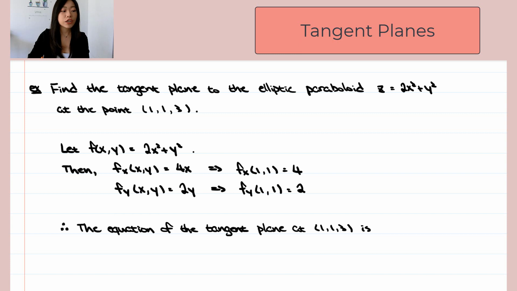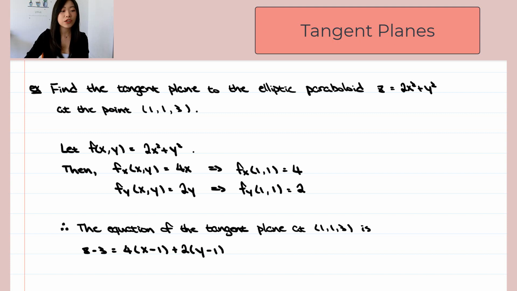So we can write the equation of the tangent plane of this surface at the point 1, 1, and 3 as z minus z0, where z0 is 3, equals the partial derivative with respect to x at 1 and 1, which is 4, times x minus x0, where x0 is 1, plus the partial derivative of f with respect to y at the point 1 and 1, which is 2, times y minus y0, where y0 is 1.